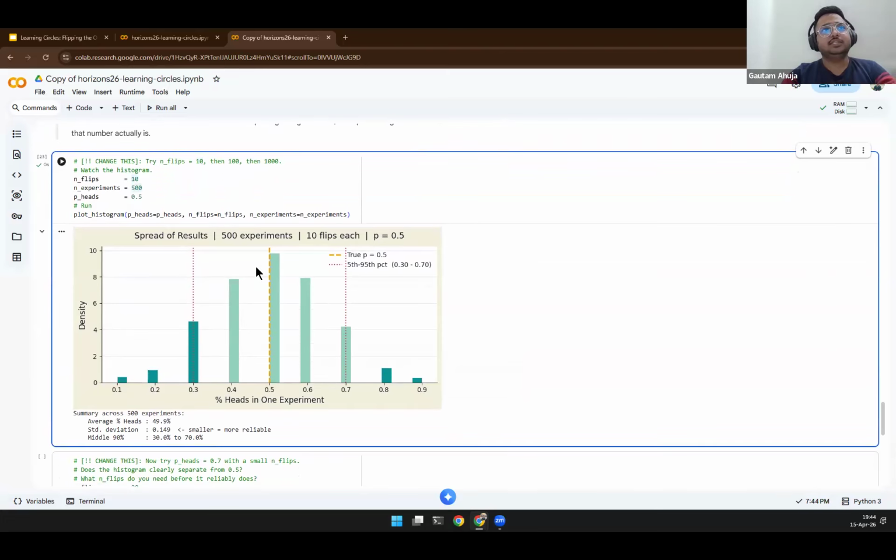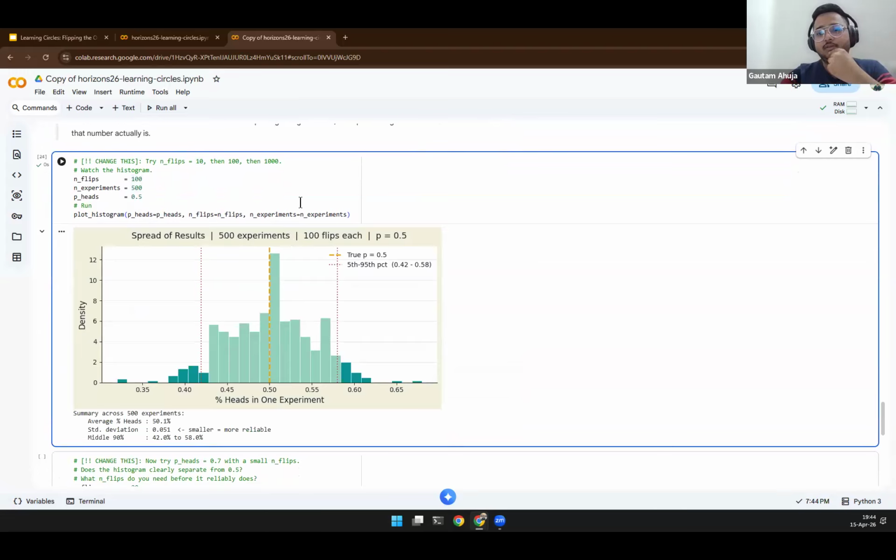The idea here was essentially that if we increase the number of flips, our range for the true probability may shrink little by little and get closer to 0.5.